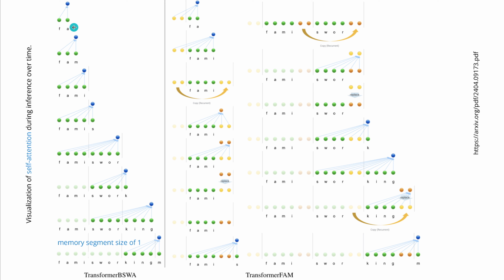So again, let's look at our green dots. And you see we go on to our green dots, beautiful. And then something happens that's not happening in the other one. We bring in something recurrent, from the memory segment or whatever you have. You see, we stay with our 4 green dots for quite some time.